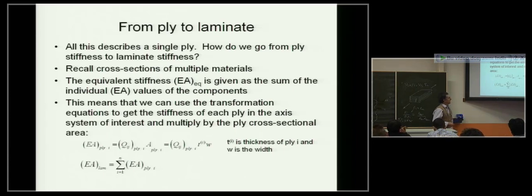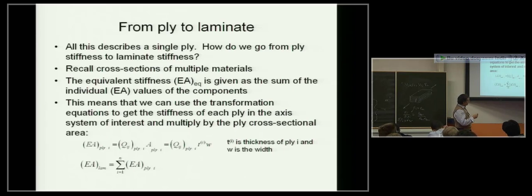But what are the sum of the EAs now? If I replace my E with my Qij, because we are using Q as the convention for plies, then I can write that the EA for the ply i is the corresponding Q times the corresponding area for the ply i.